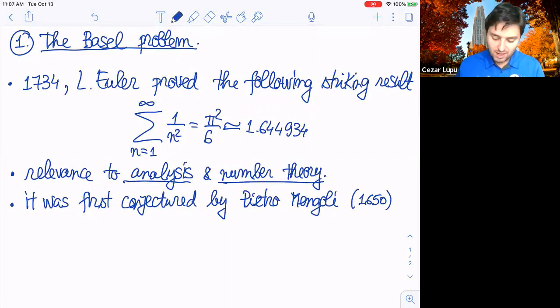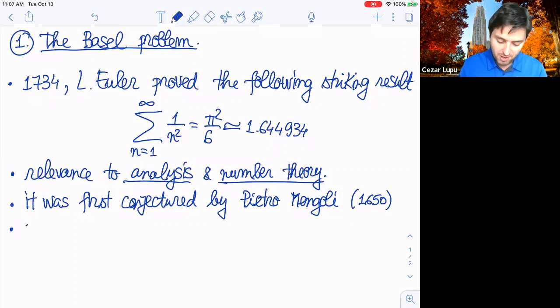Well, like I said, Euler proved it in 1734, but in fact his first proof was wrong, but the result was correct. In fact, Euler was ahead of his time, so he was already doing formal series without even knowing what they were.